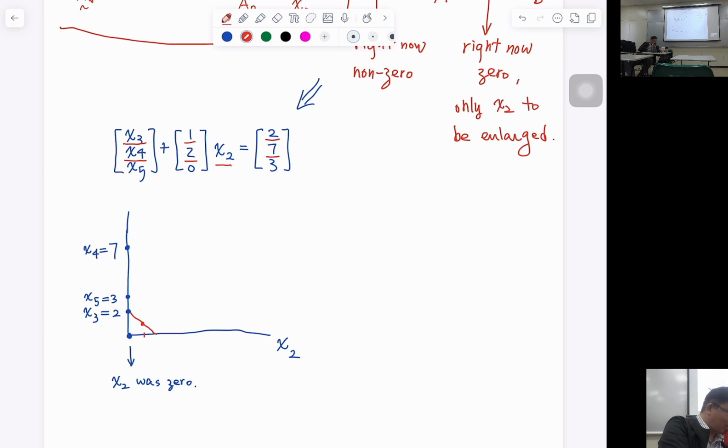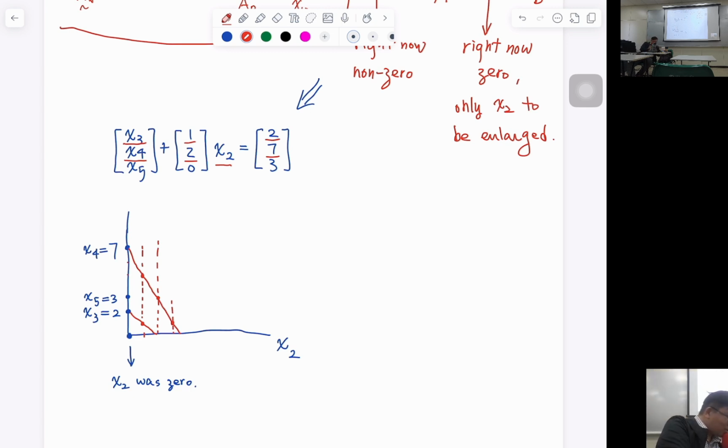So plugging in x2 equals 1, I will have 5. So here, 5 is around here. So it's gonna be minus 2 here. Minus 2 here. Okay, so it's gonna be a linear function like this.